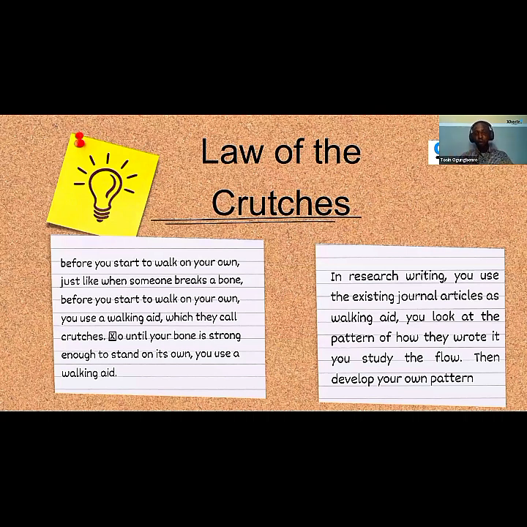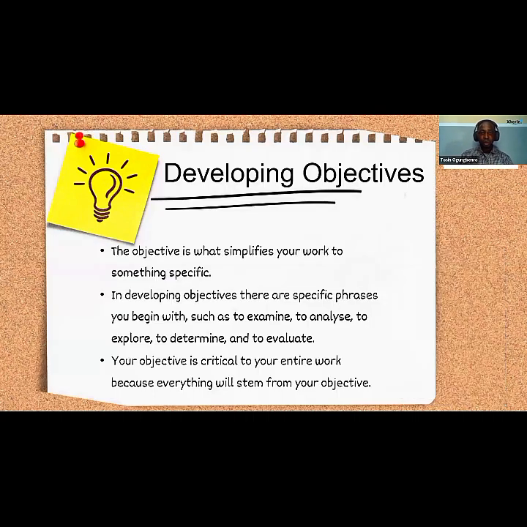So that is my law of purchase. You use a walking aid in order for your leg to be strong enough to stand on its own. The walking aid you use in research is existing literature.